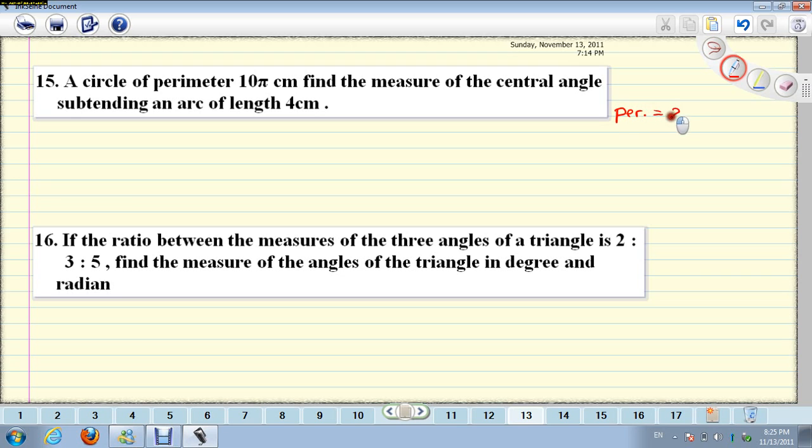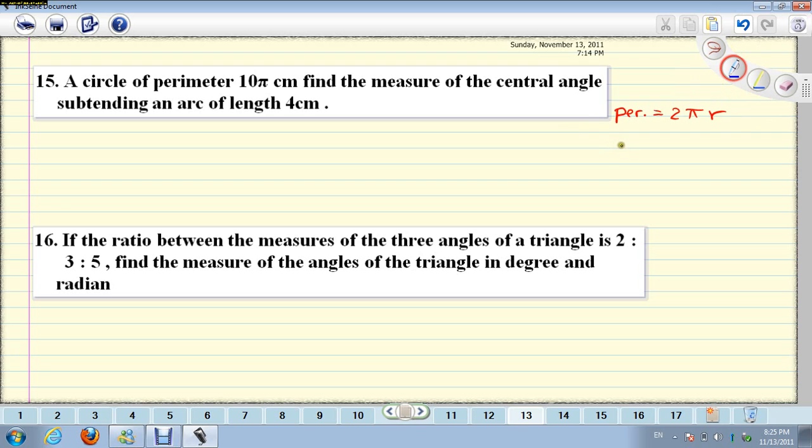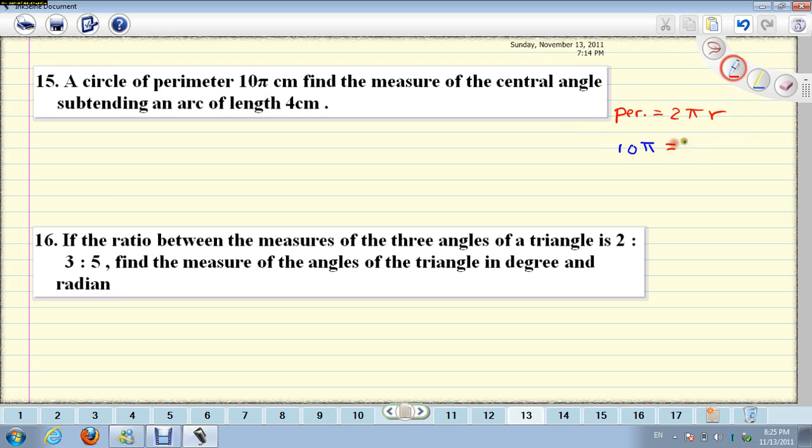Perimeter of the circle is 2 pi r. And the question says that the perimeter is 10 pi. So instead of perimeter, I'm gonna write 10 pi, which equals, the same rule here, 2 pi r.